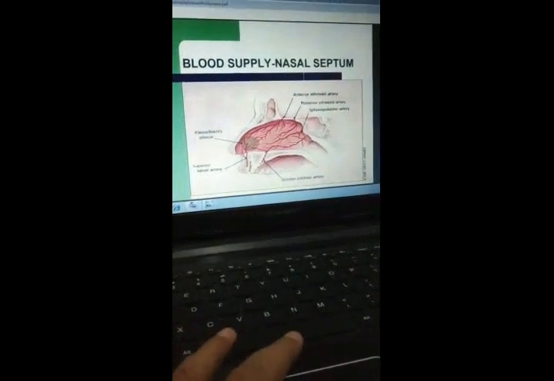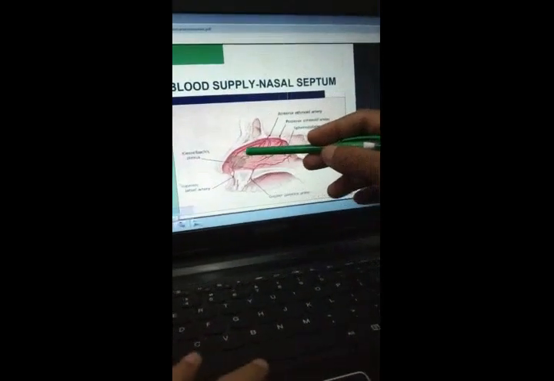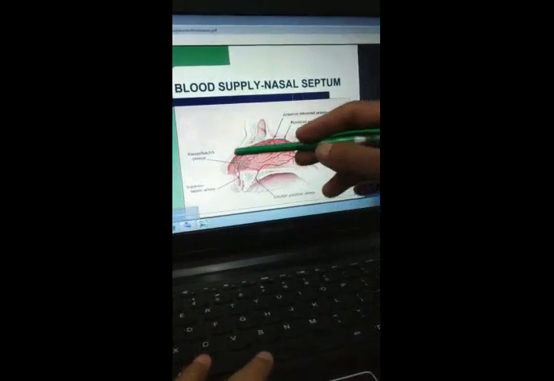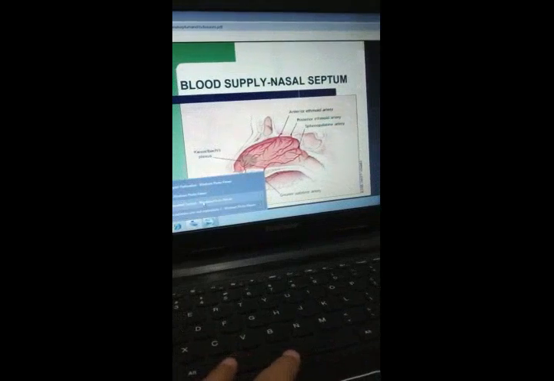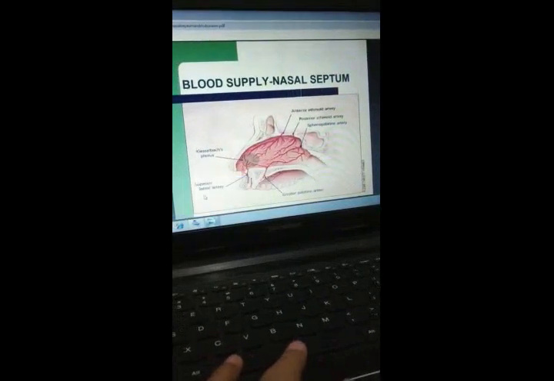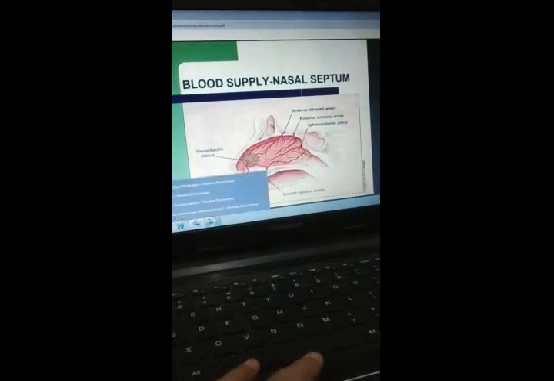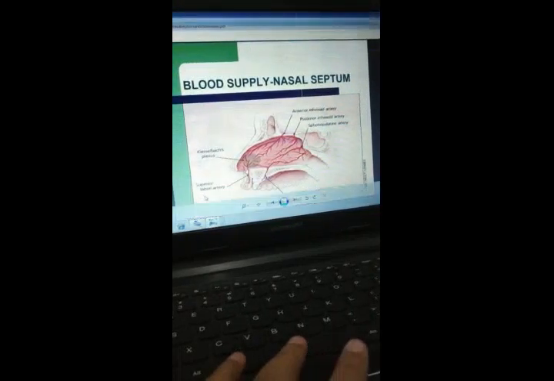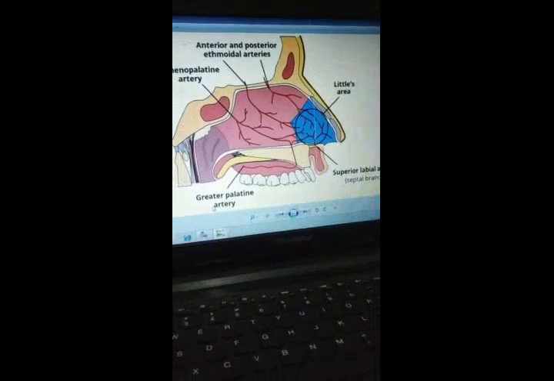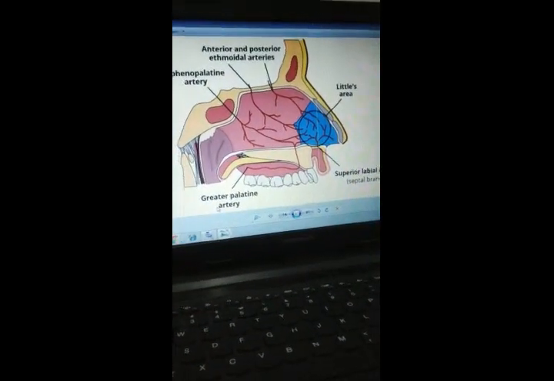And there is one area, the inferior area of the septum, which is very vascular, where the four major arteries anastomose together, forming Little's area.